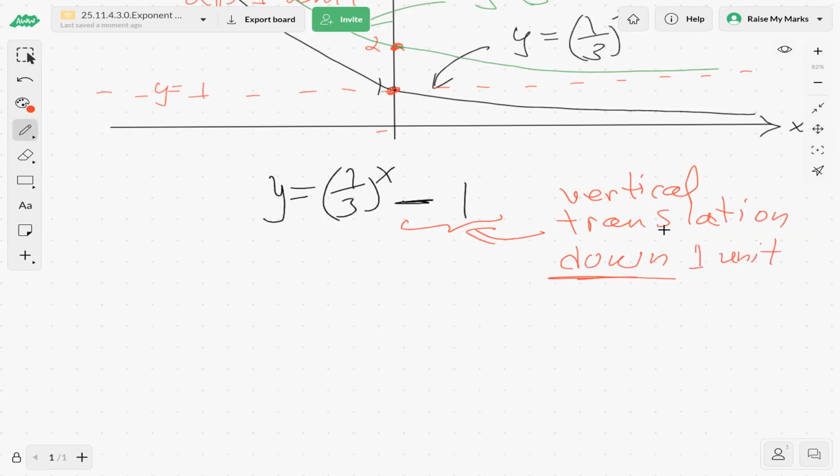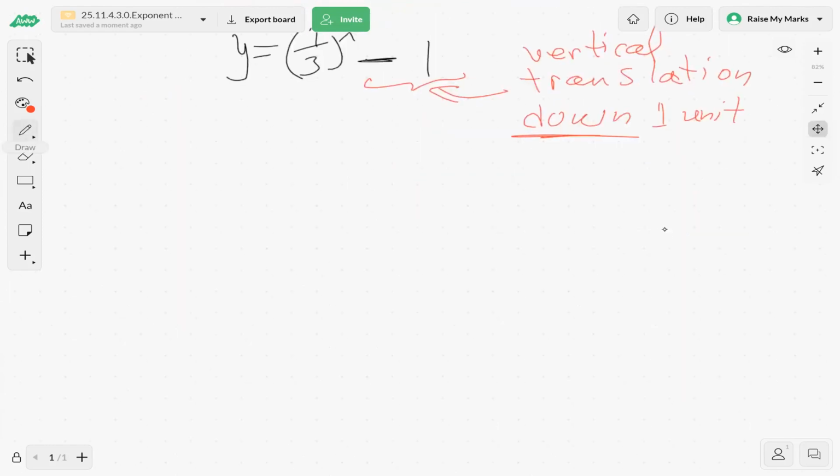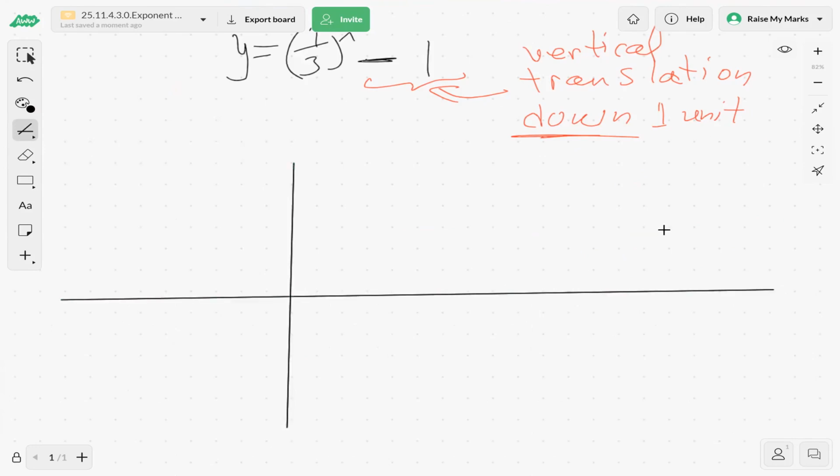All right. Okay, so again, let's just quickly draw in our axes. Whoops. That's not pretty. Not very straight. Okay. So wonky, but that's okay.